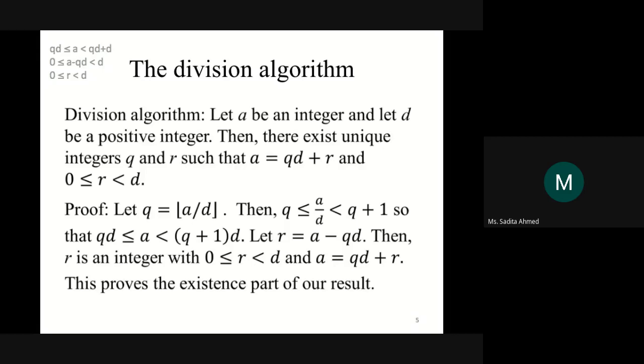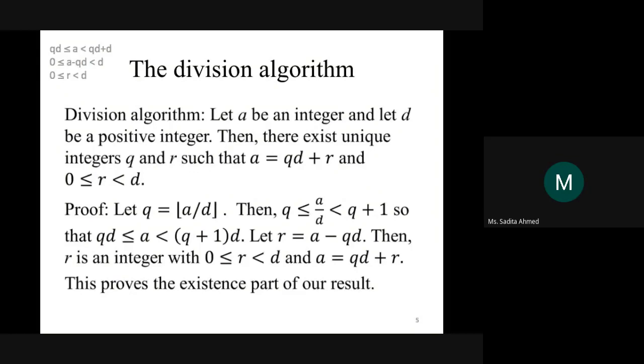Q will not be equal to a by d when the result is not an integer. In that case, will q be greater than a by d or less than a by d? Will the quotient ever be greater than the result? No, it won't.